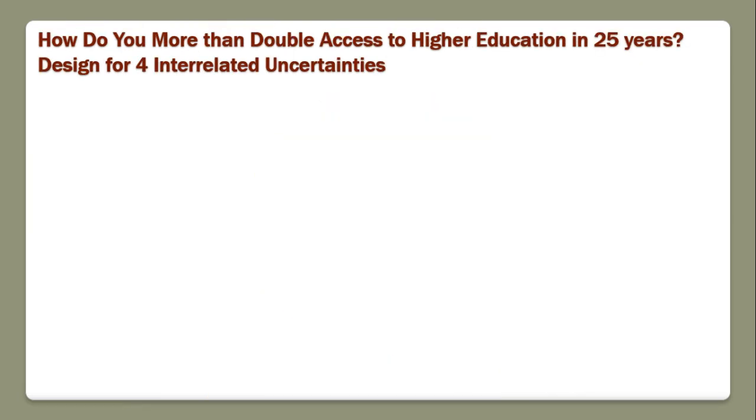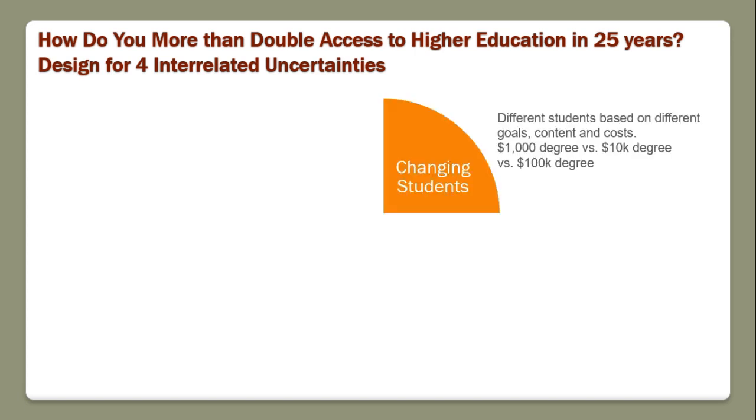So ultimately what this comes down to is, if you're taking a really challenging adaptive challenge, like how do you more than double access to higher education in 25 years, what you need to do is you need to design for 4 interrelated uncertainties. So ultimately you're going to have changing students. So different students based on different goals, content, and cost.